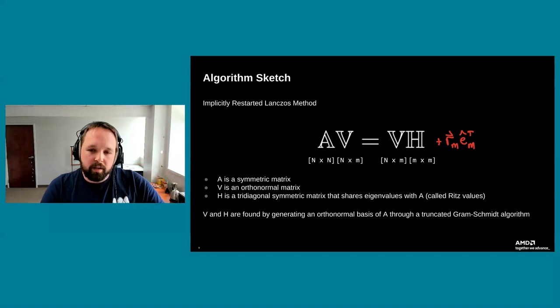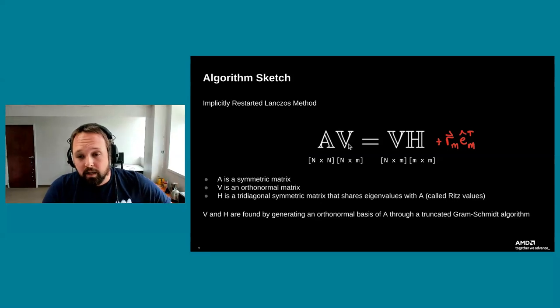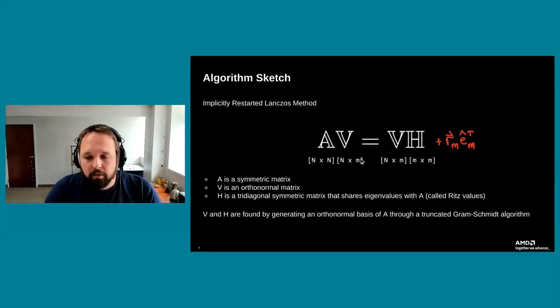The way this works is I pass a single column vector into our method, and it generates m additional vectors on top of that, and it keeps iterating this process, re-choosing that initial vector so that we can drive down that residual and get exact equivalence, AV equals VH.